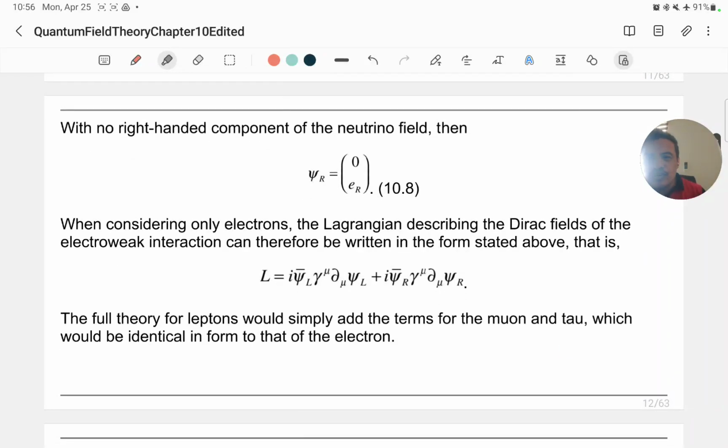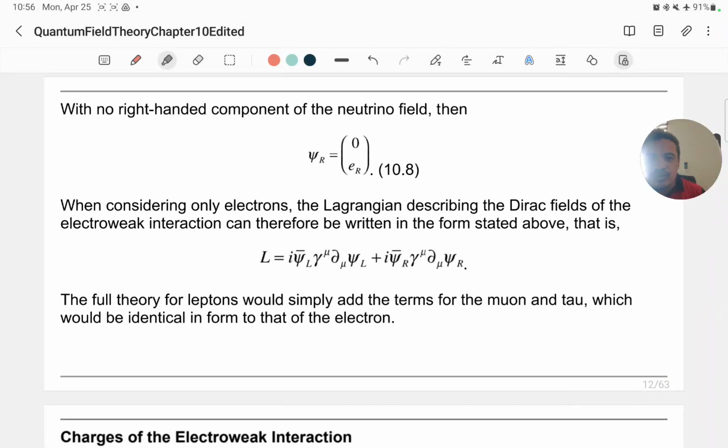Now for the right-handed component of the neutrino, you have 0, and so your right-handed Dirac field would be only this. So we can now substitute this psi L and psi R into our Lagrangian.